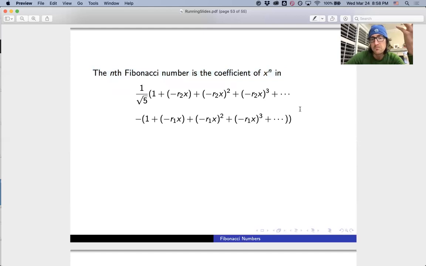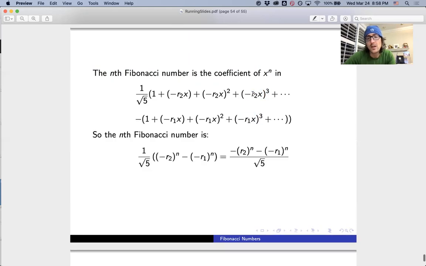You may think this is a little bit technical. I don't. I think it's pretty reasonable. If I'm going to look for x to the n, well, here's x to the 3rd. So what's going to be the coefficient of x to the n? In the first part, it's going to be negative r2 to the nth power. And what's the coefficient of x to the n down here going to be?